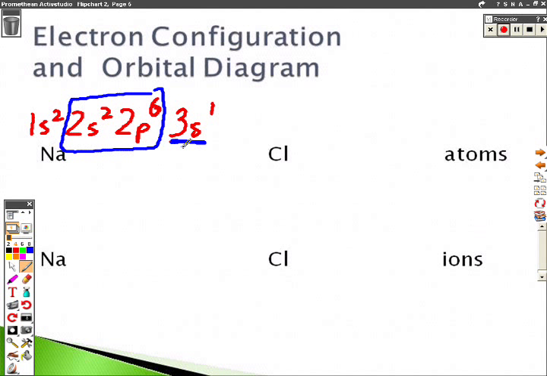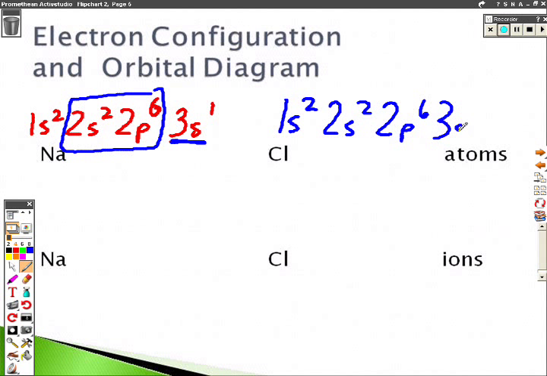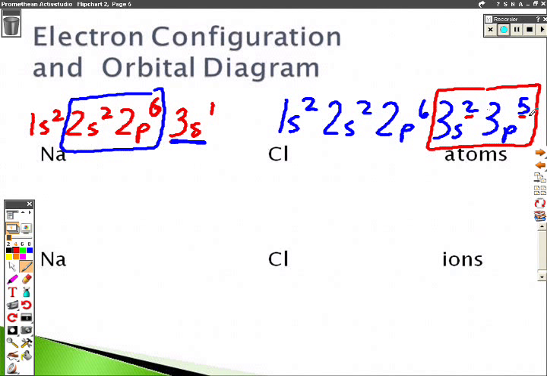Chlorine has electron configuration of 1s2, 2s2, 2p6, 3s2, 3p5. Its valence level, its outside energy level, has only 7 electrons. It would love to gain an electron so it can act like a noble gas.